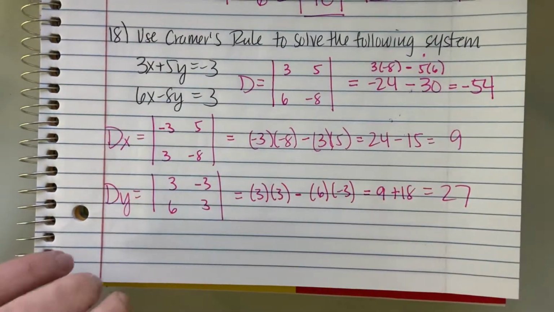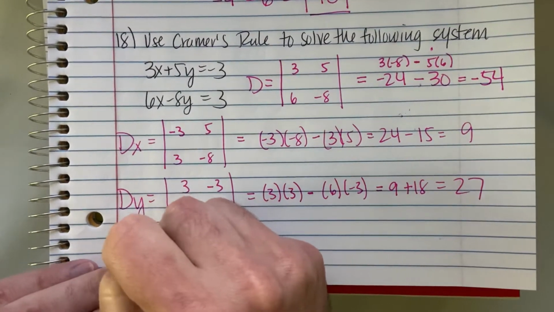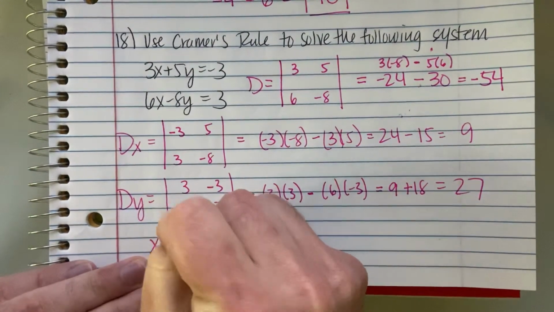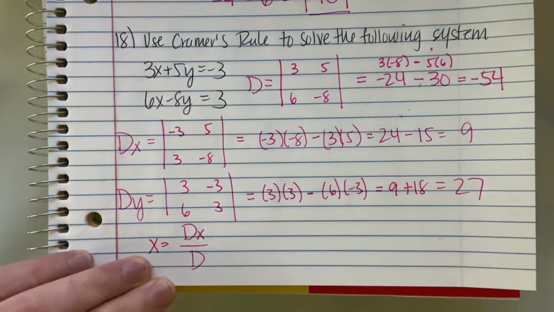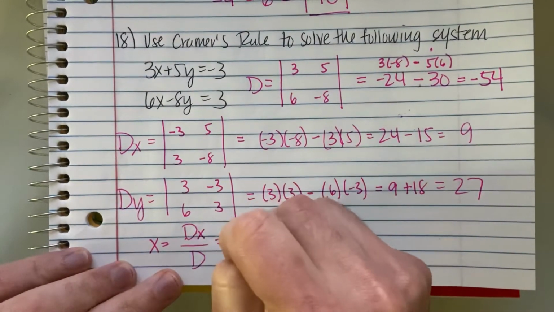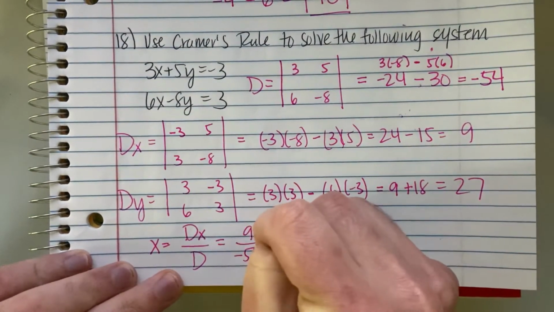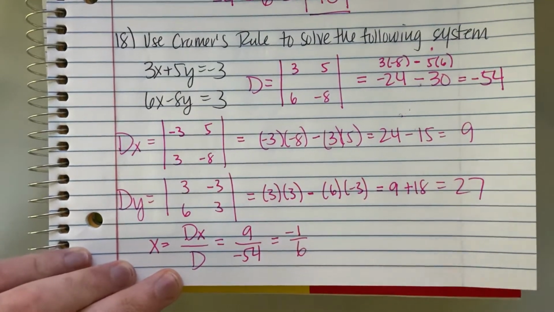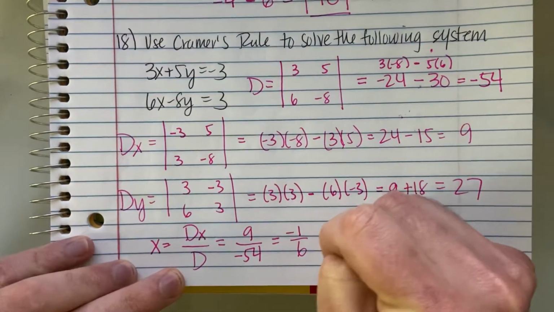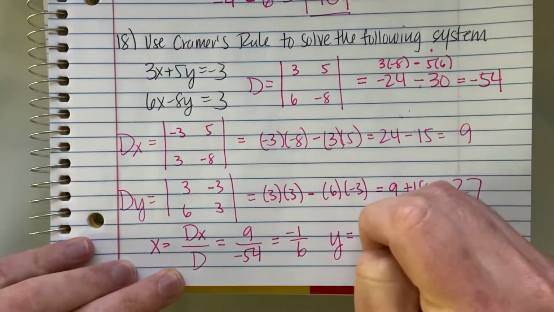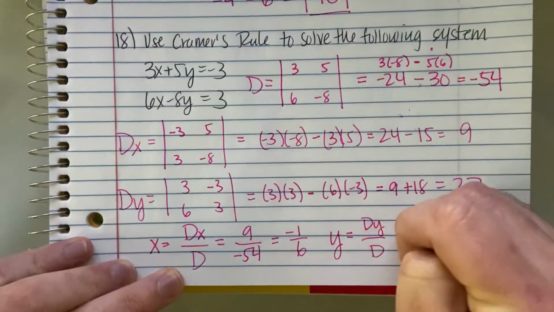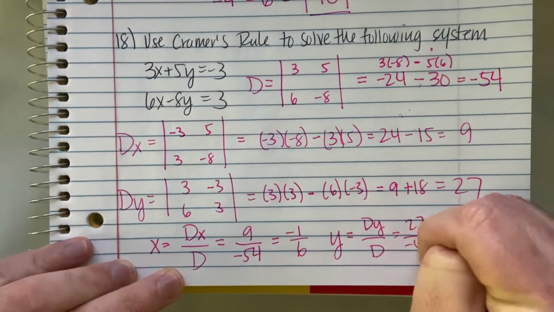Now again, to find the actual solution, x and y, x is equal to your answer for the determinant of x divided by the original, which in this case is 9 divided by -54. This reduces to -1/6. You do the same thing for y. It's dy over d, which is 27 over negative 54.